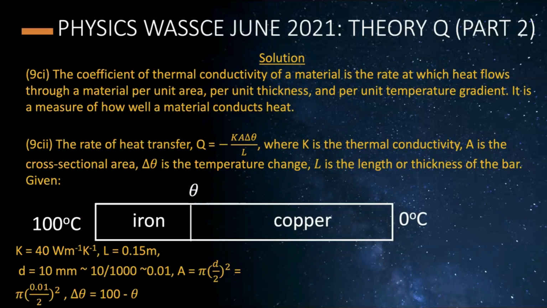So the rate of heat flow, Q, is equal to negative of this coefficient of thermal conductivity called K, times the area, that's the cross-sectional area we talked about in the previous diagram, times the change of temperature, divided by the thickness or the length of the bar, whatever that means in the particular context, okay?